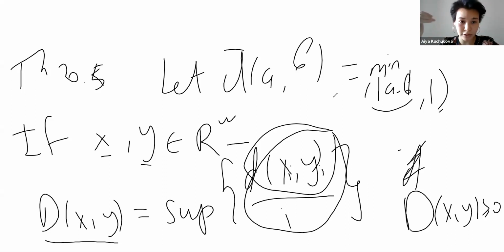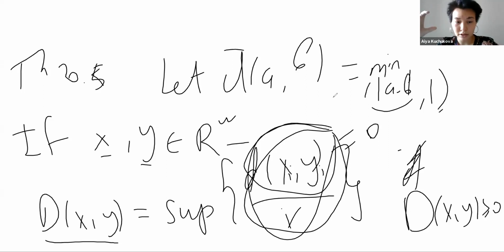If the maximum is 0, and you know that it's a maximum of non-negative numbers, they all have to be 0. So for all i's, this thing is equal to 0. So we don't care about that i anymore in the denominator. And then what happens is that we know that for every i, d bar(x_i, y_i) equals 0, which again means that x_i minus y_i is just equal to 0, right?